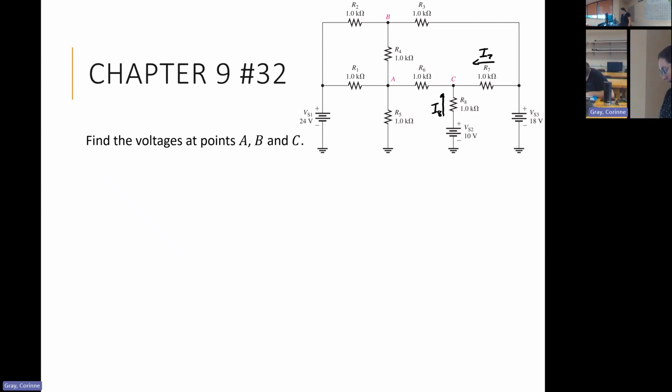I think those are the two easy ones over here. But let's look at R6. Based off of our other two guesses, we should probably guess it is pointing to the left. We'll have I6. R5 is a little bit trickier. That is a ground down there. We want to guess up or down.